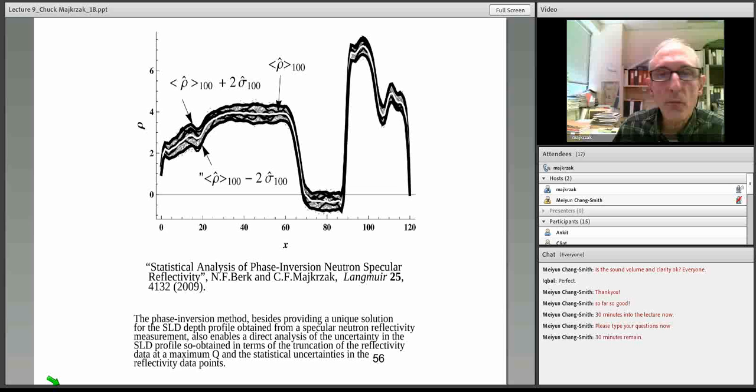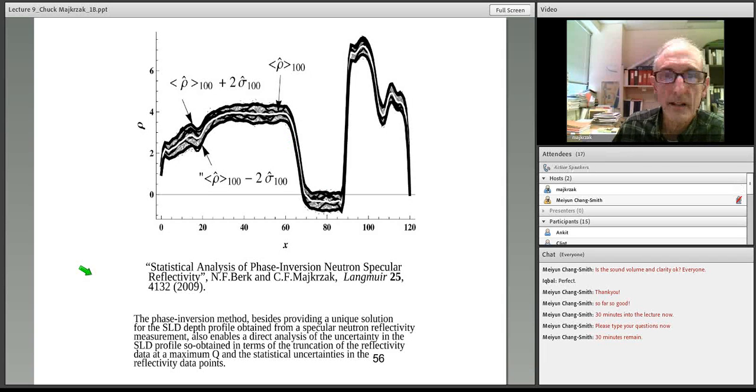Okay, but anyway, once you have a reflection amplitude, then you can rigorously, mathematically, and Norm Berk has worked this out, my colleague here at NIST, go from the uncertainties in the reflectivity data, the truncation of the data to finite Q and the statistical uncertainty in each data point, and map from that an uncertainty in the scattering length density distribution that you actually measure by this phase inversion process.